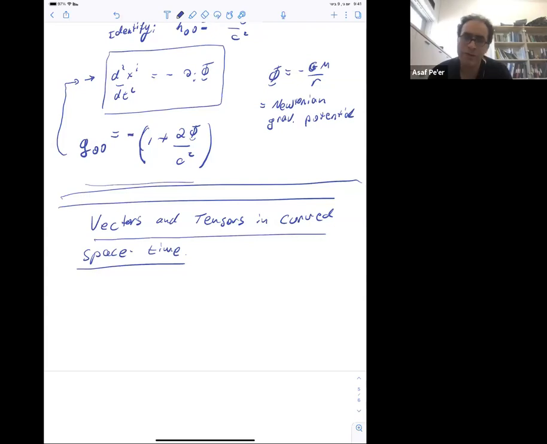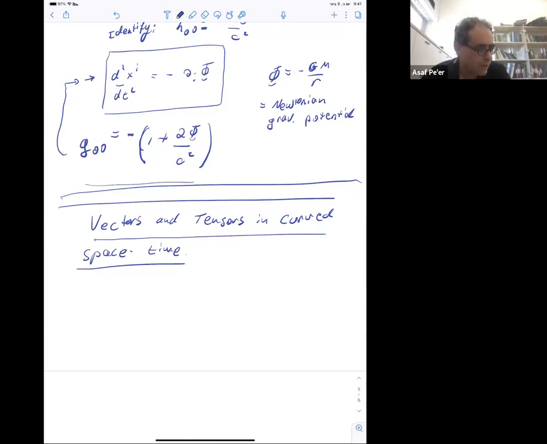So what we're going to do from here on is to start building up the tools that we need in order to derive Einstein's field equation. And the first thing that we need to understand is how objects that we learned, such as vectors and tensors, how these mathematical quantities can be described in curved space-times.